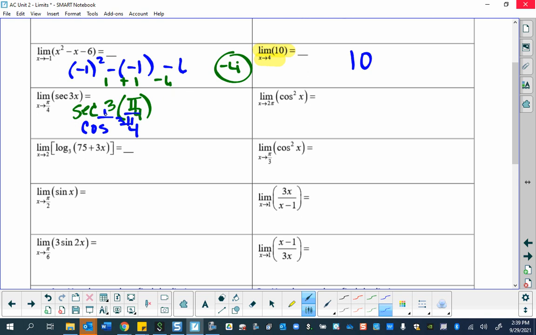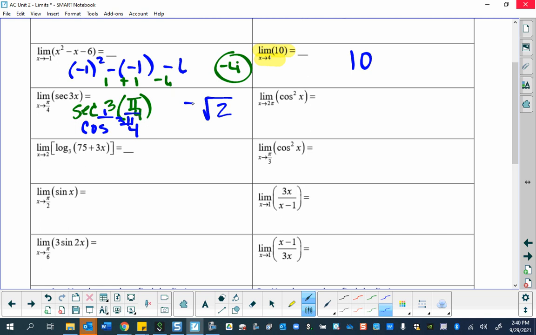Root 2 over 2, when we flip it, becomes 2 over root 2. You've done that enough times to rationalize it that you know it turns out to be just plain old root 2. Let's think about positives and negatives. 3 pi over 4 is where? Right there. Is the cosine positive or negative? Cosine's going to be negative.